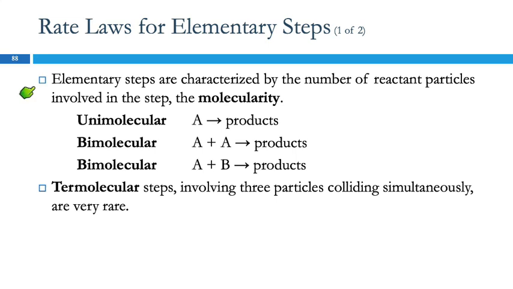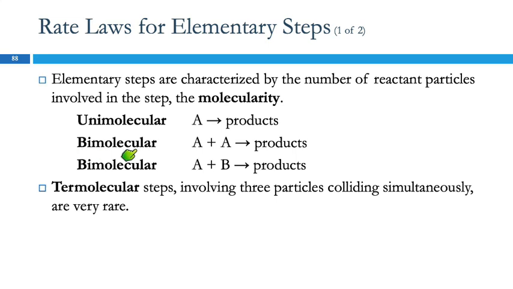These steps are characterized by the number of particles that are involved in the step. That's called the molecularity, how many molecules. So in a unimolecular step, there is one molecule involved, and that is reacting, generally decomposing, coming apart, and forming products.